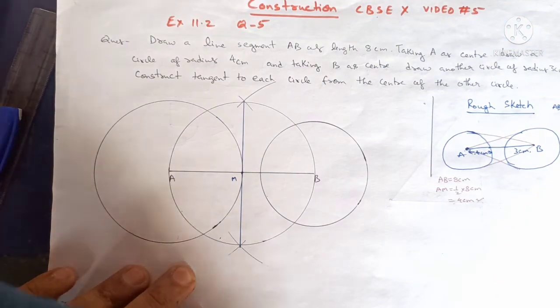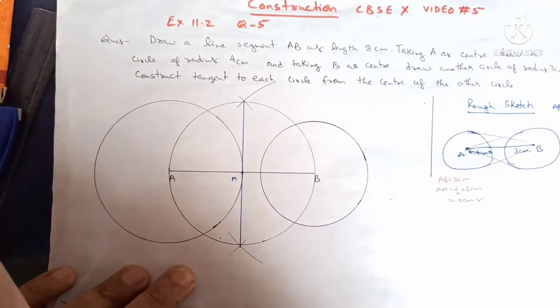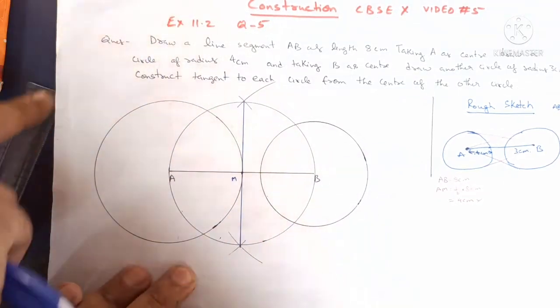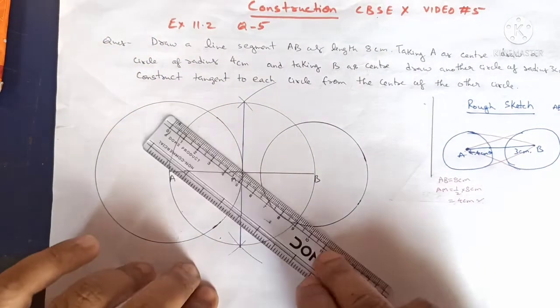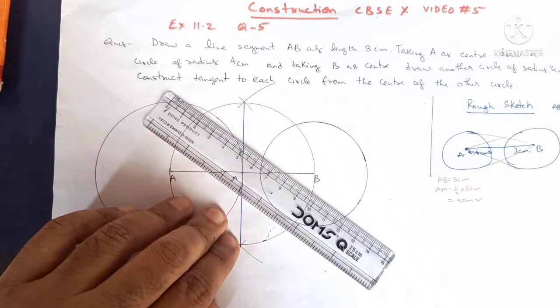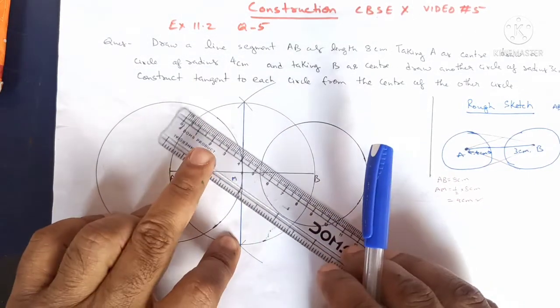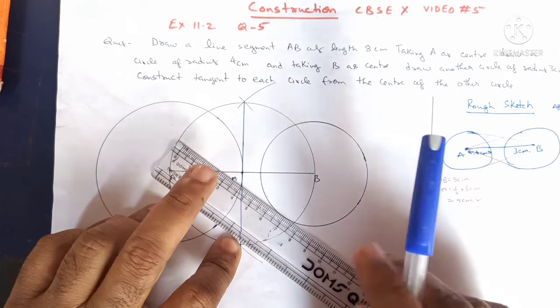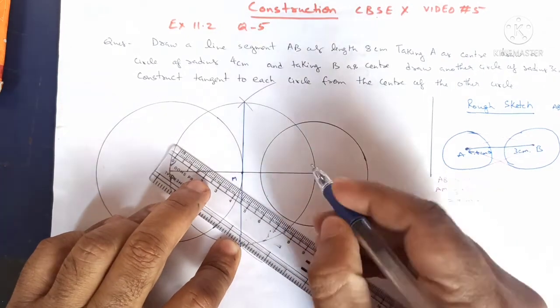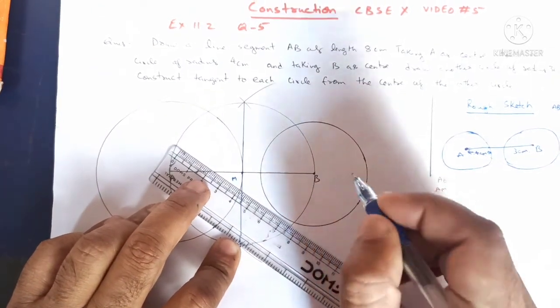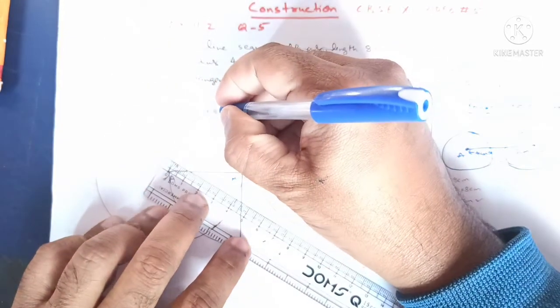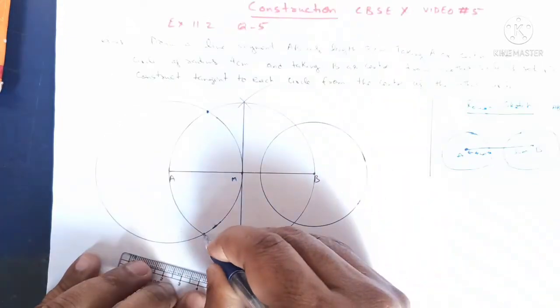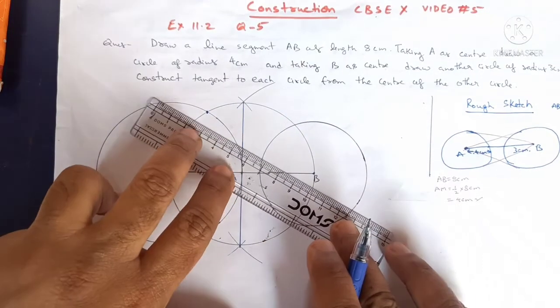Now for drawing the tangent on the bigger circle, we take B as the center and join it to these two intersection points.